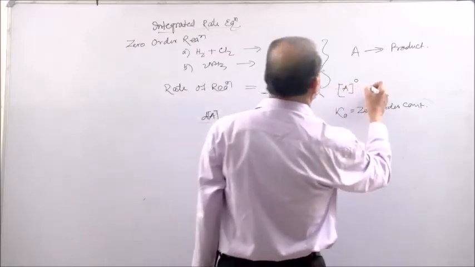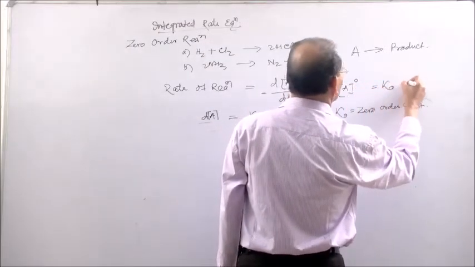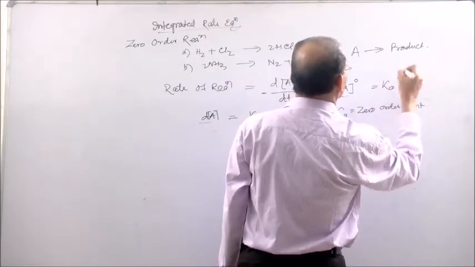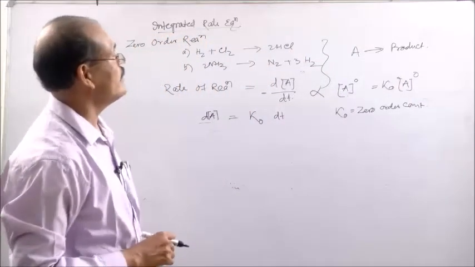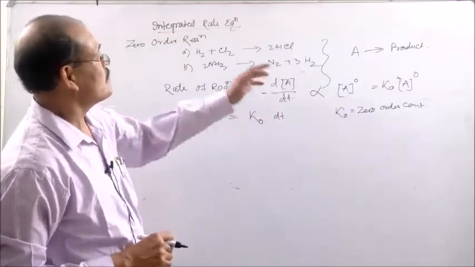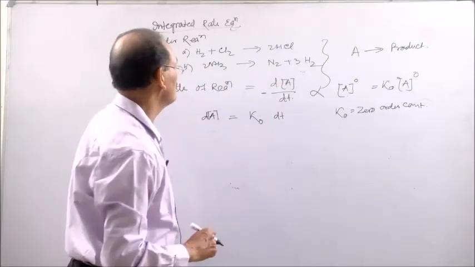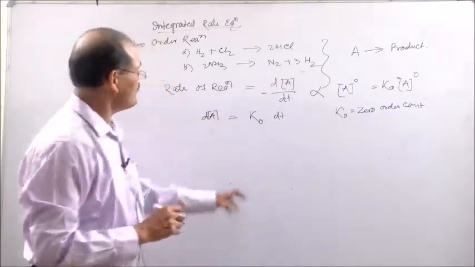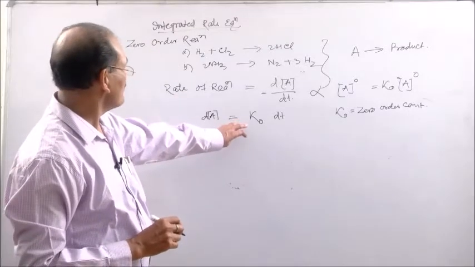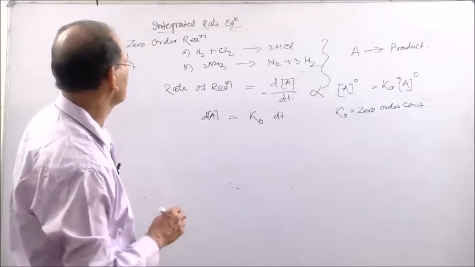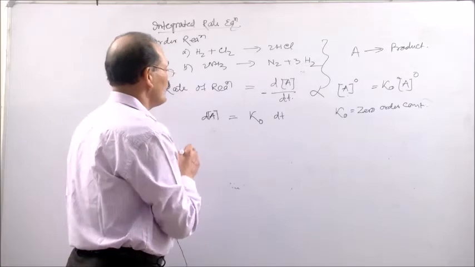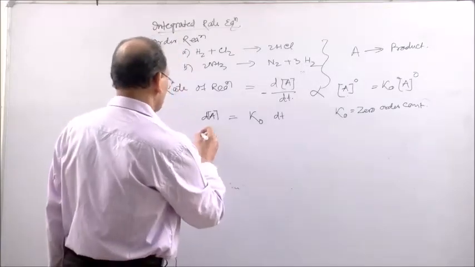We can take it here as K0, and A to the power 0 means the rate is not depending upon the reactants. So now to get the value of the rate constant K0, we have to integrate both the sides.